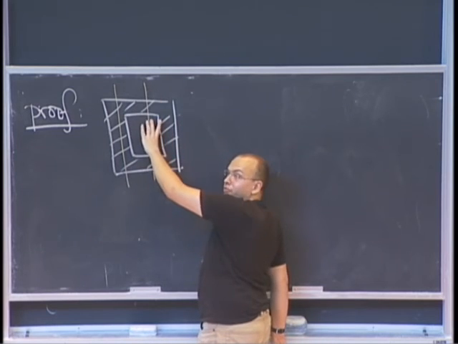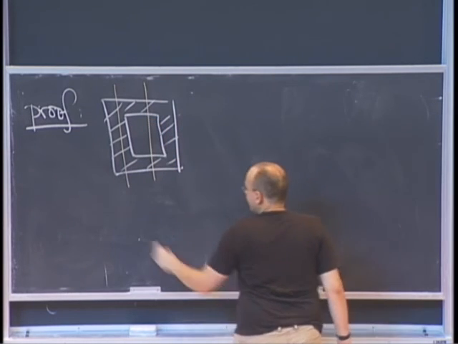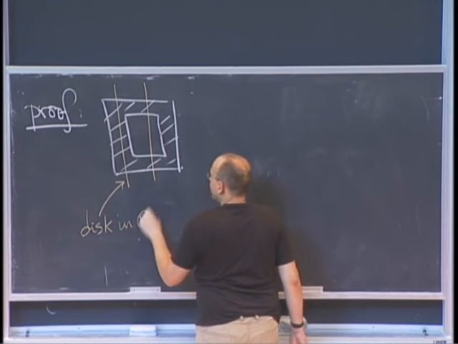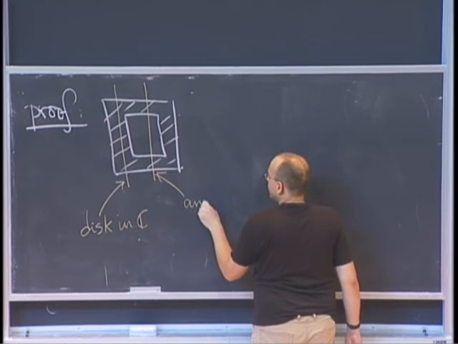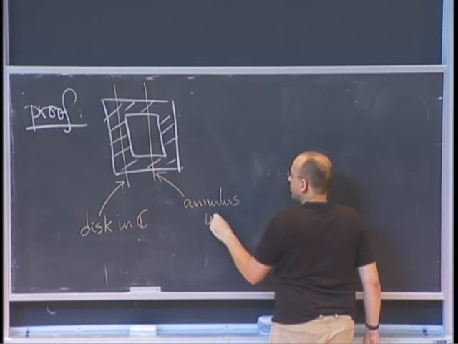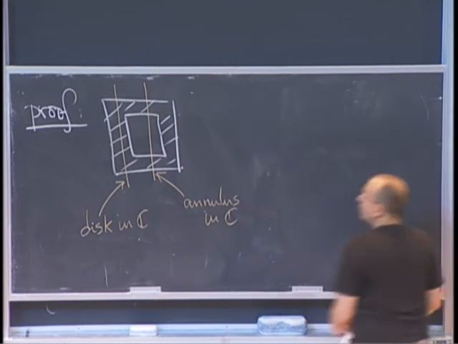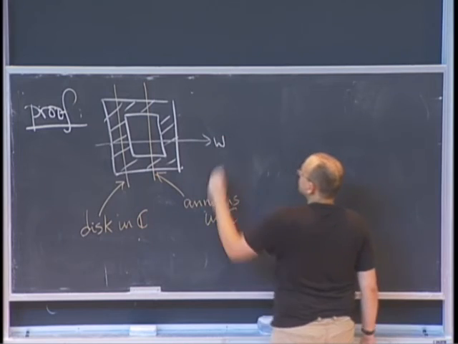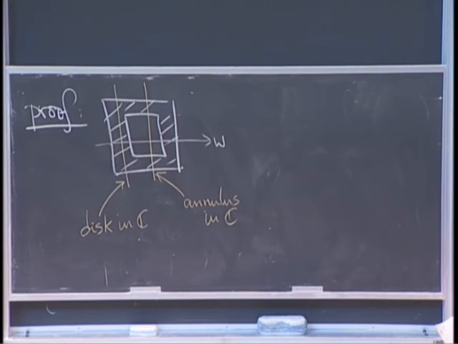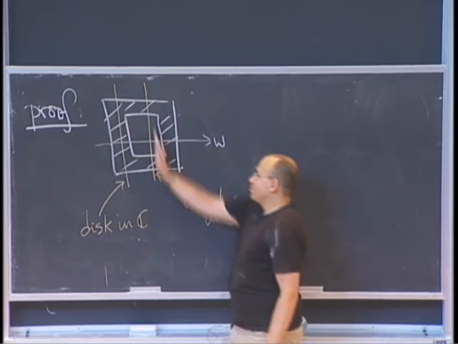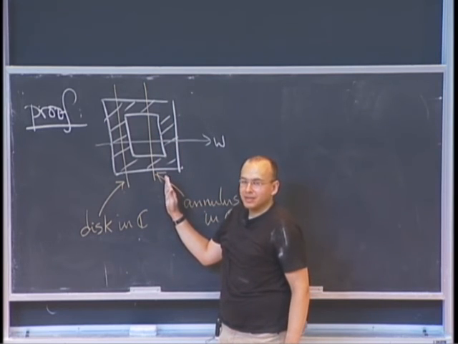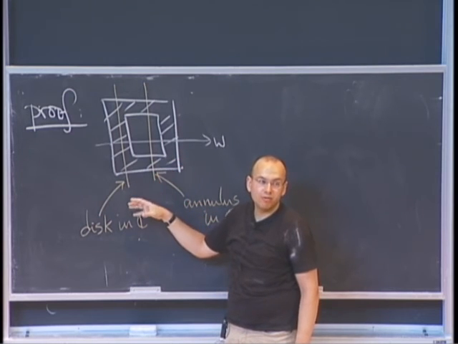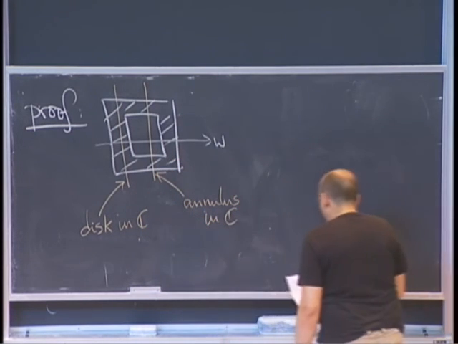So a big disk from which I've removed a smaller disk. It's a W-axis. I restrict my holomorphic function to this slice. I get a holomorphic function on an annulus in C, and I know that holomorphic functions on annuli in C have Laurent series expansions.